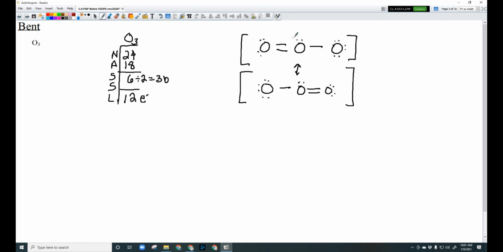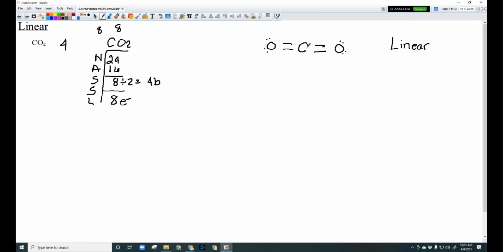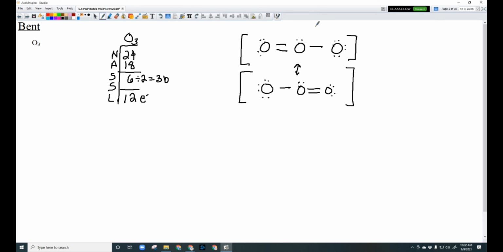But remember, the one before, we did not have any lone electrons on the center atom, and it was linear. Now on this example, we do have electrons that are on this center atom. So these electrons are going to interact with the bonds here in between these two oxygens. And so they can't lay flat because see, we have this 180 degrees here, but we have 45 degrees here and 45 degrees here. And so it needs to be equal.